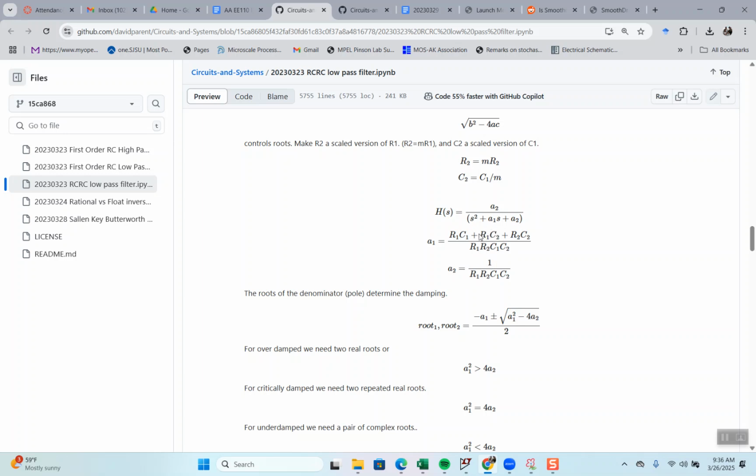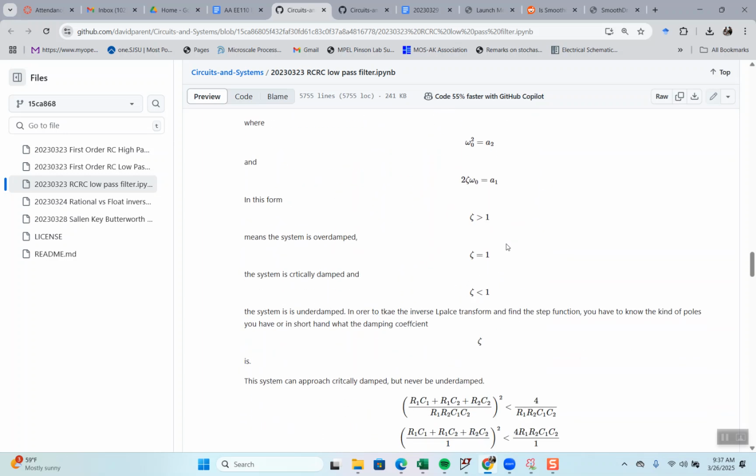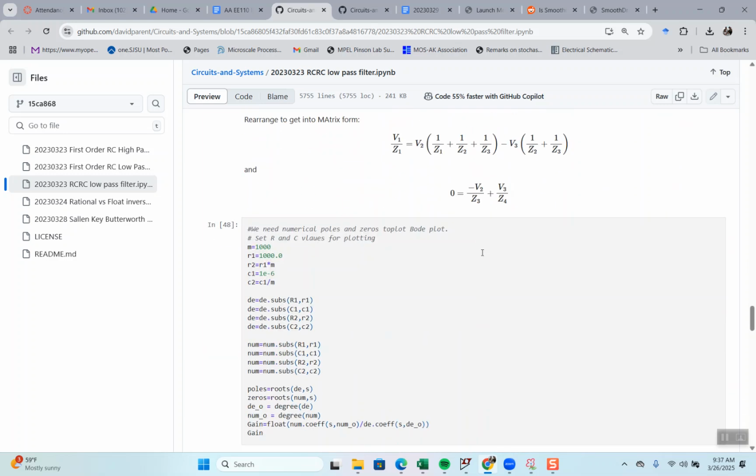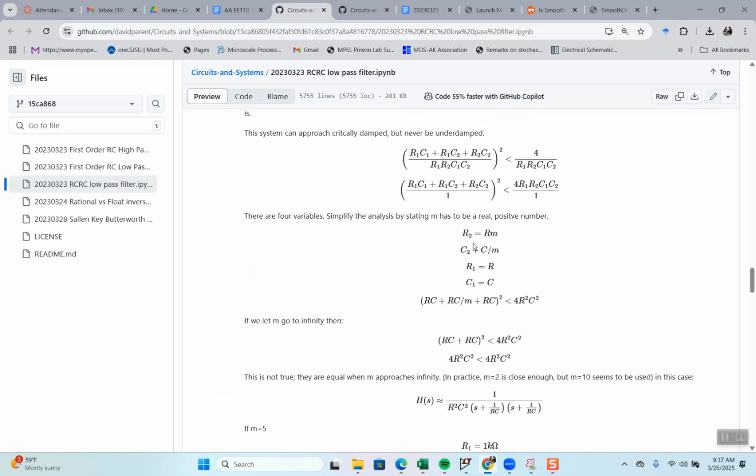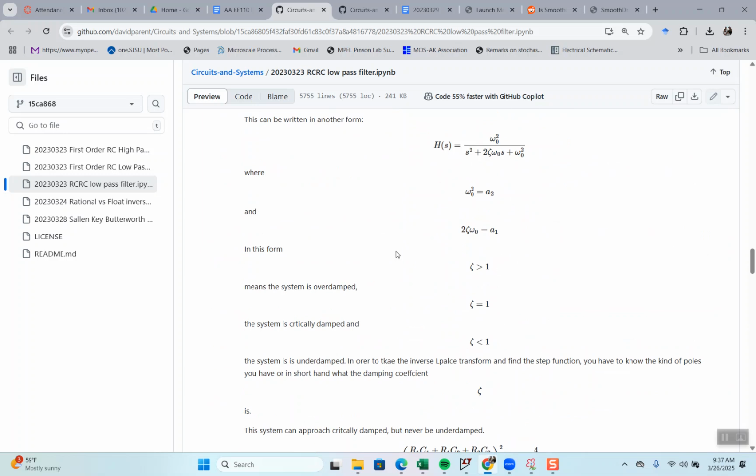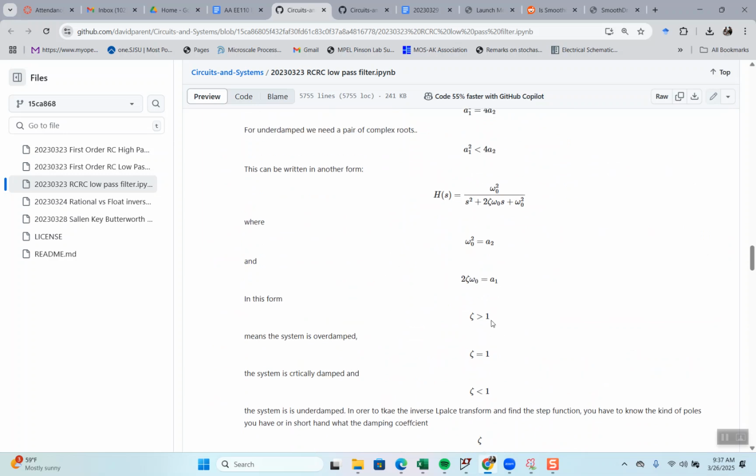So when I want to do over, under, or critically damped, right, this A1 is really the B, and that A2 is the C. So when I come down right here, greater than 1 damping coefficient. So this whole 2 zeta omega naught would be A2, no, A1, no, A2.